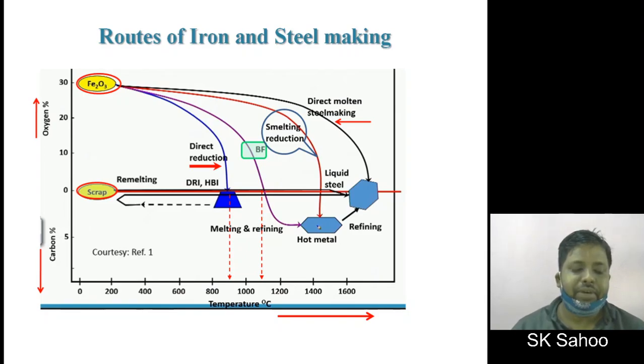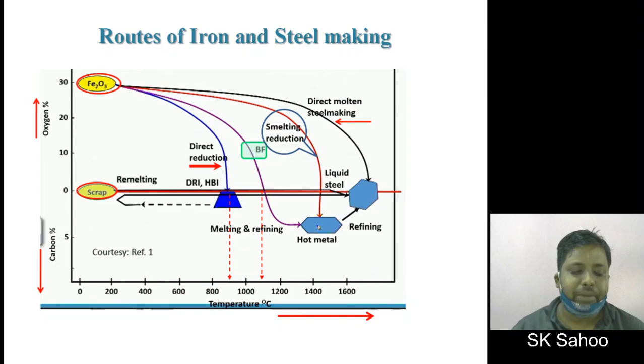So we can summarize that various routes of iron and steel making are evolving considering environmental issues and resource utilization. That means we are always looking for processes with less carbon dioxide emission and environmental pollution.